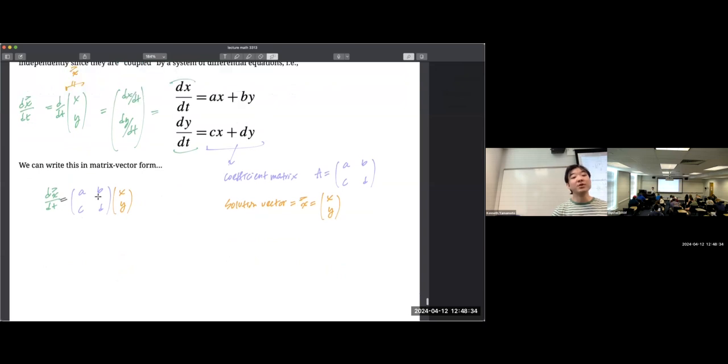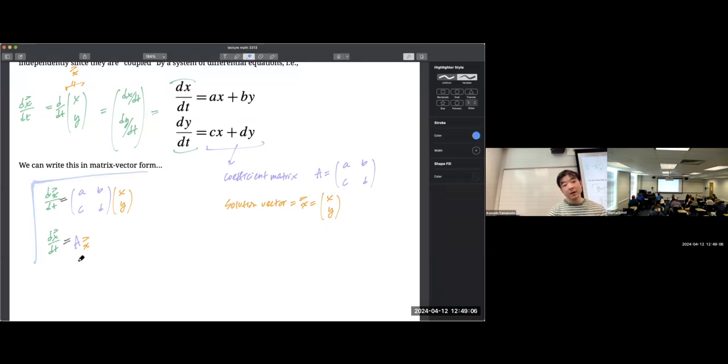You can confirm with matrix multiplication that this gives a times x plus b times y, which is this entry, and c times x plus d times y, which is this. So the right-hand side, when you do matrix multiplication, gives you this right here. I can further condense this: the derivative of the x vector is equal to capital A times vector x. This is the matrix vector form of the system.